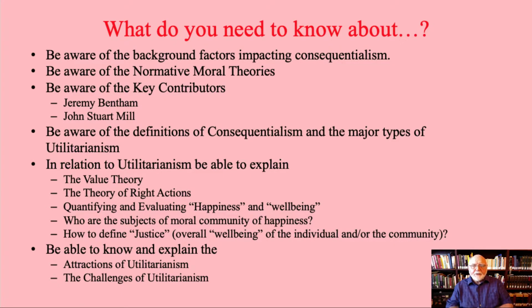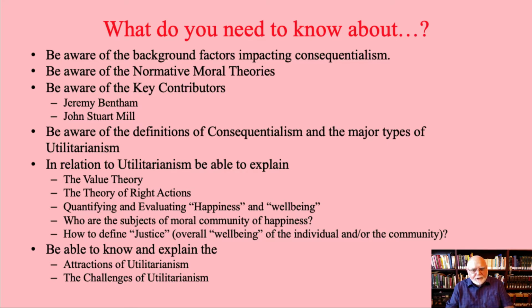Let's close by looking at what you need to know from this particular unit. Be aware of the background factors impacting consequentialism. Be aware of the normative moral theories. Be aware of the key contributors to the development of consequentialism and utilitarianism, Bentham and Mill.